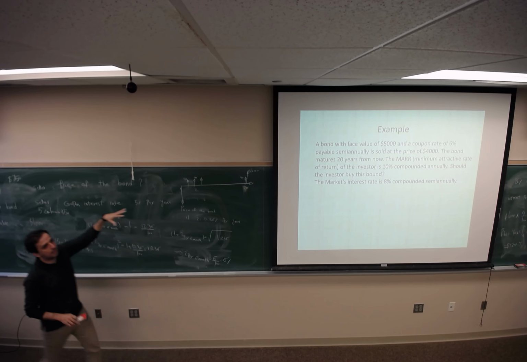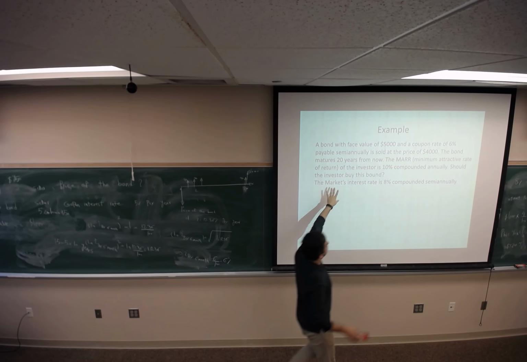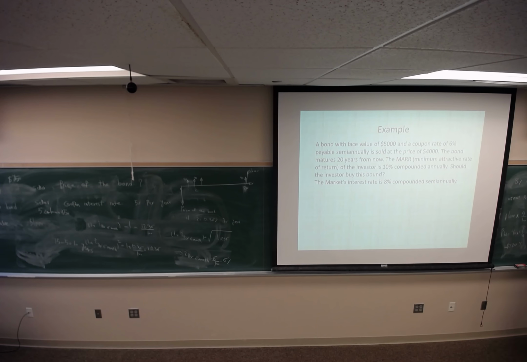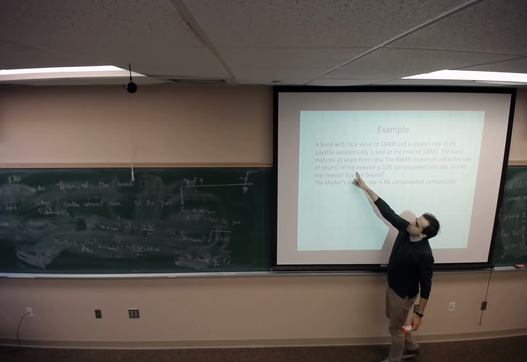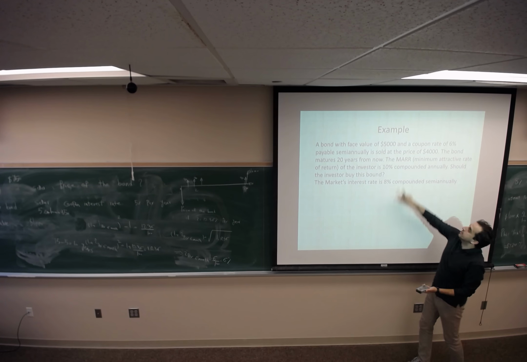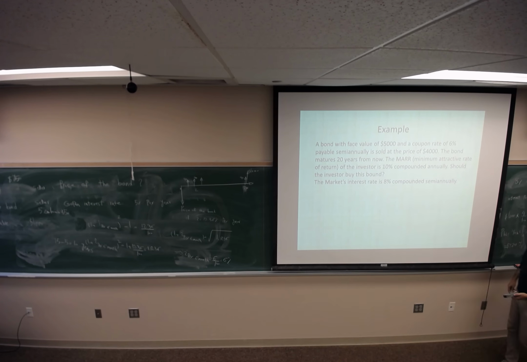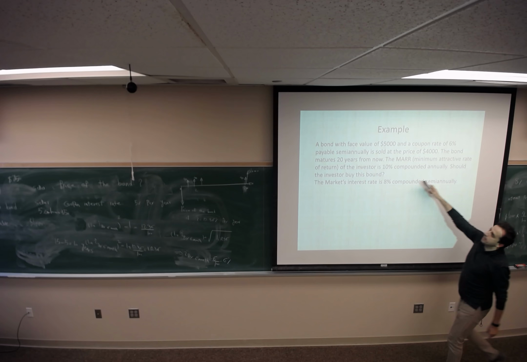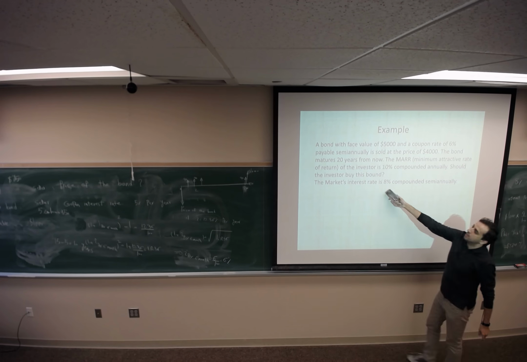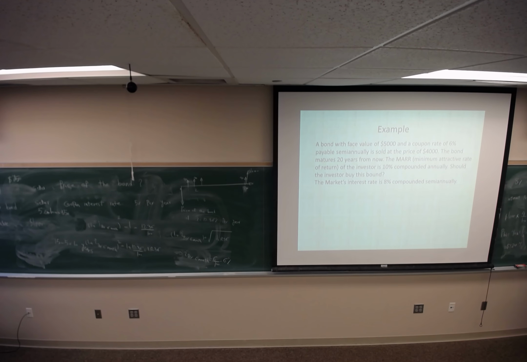This is another example. Since I'm going to talk about the exam a little bit, you are given two interest rates. The MARR, minimum attractive rate of return, for this buyer is 10%, but the market interest rate is 8%.